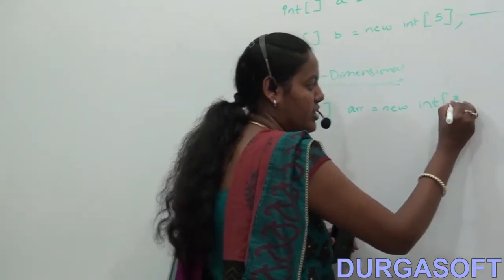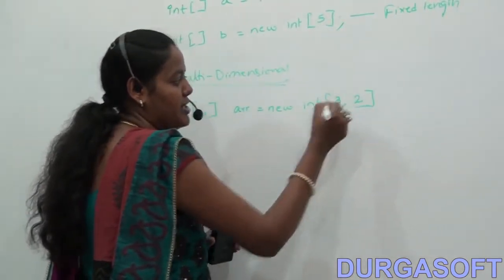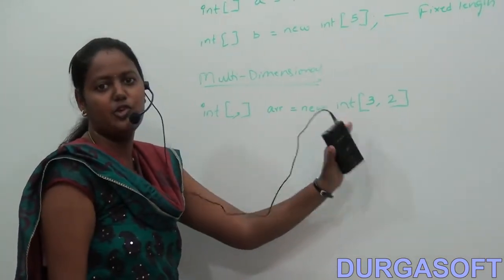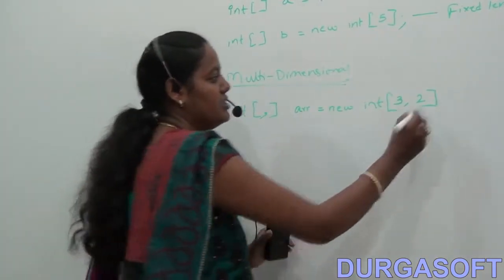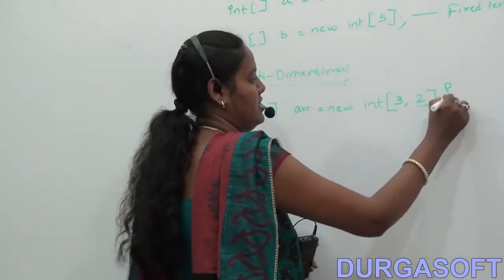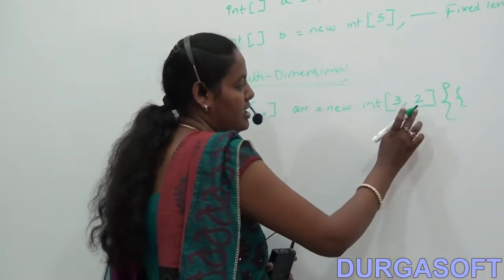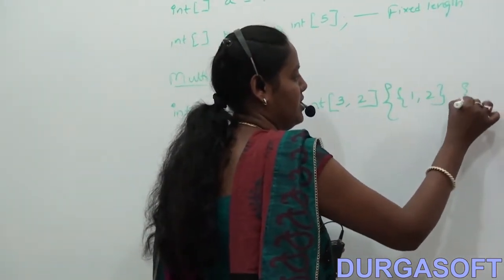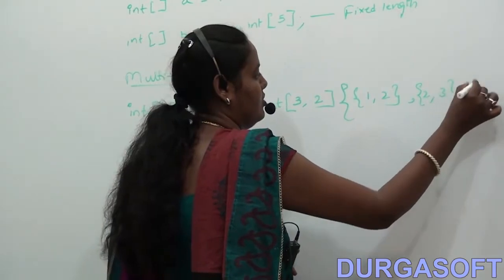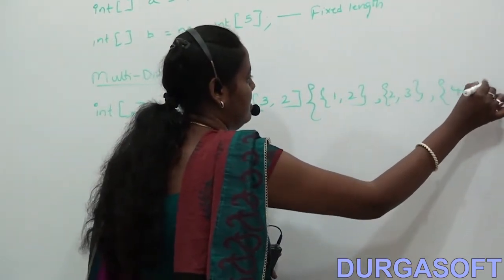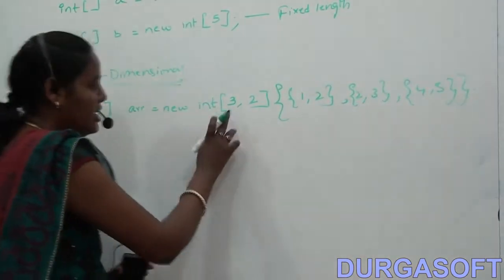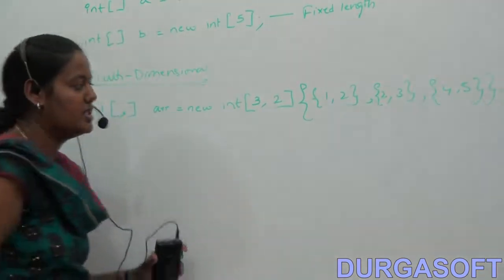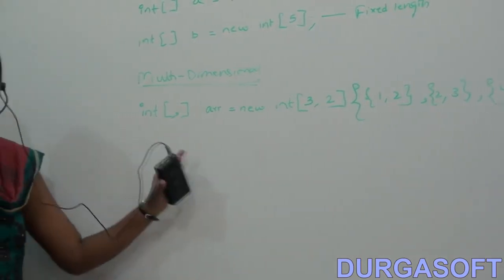If you want 3 rows and 2 columns, you mention 3, 2. If you mention the size, it will be fixed length; if you don't, it will be dynamic. You can assign the values directly: 1, 2 is one row, and this is the other row, and this is the third row. So we have mentioned 3 rows and 2 columns. This is called a multi-dimensional array.